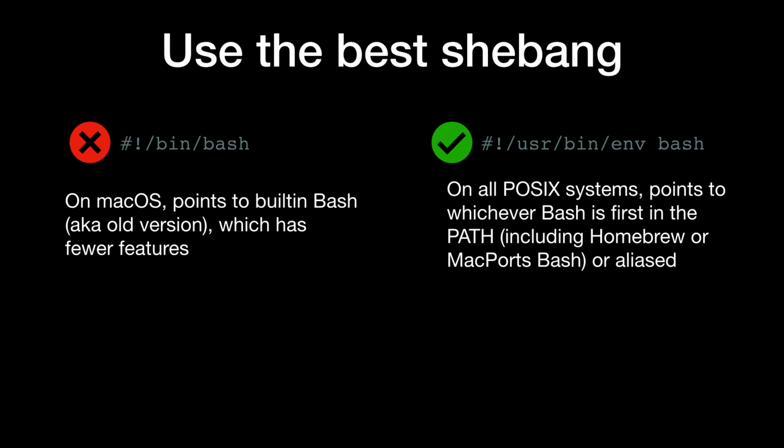Instead it would actually point to the built-in bash, which is an older version, which has fewer features. So instead use the env command, which will call whichever bash executable is first in the path or aliased in the user system, and this will work on all POSIX systems.